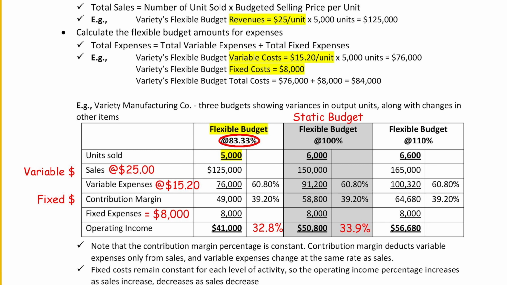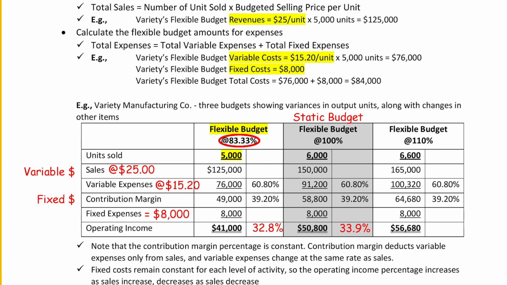Now, because the flexible budget is flexible, you could create it at any level of output, any level of sales. So we have created another flexible budget at 110%, where the sales is 6,600 units. It's more than the static budget of 6,000 units. Again, you would calculate sales at $25 per unit. So 6,600 units times $25 gave us $165,000.